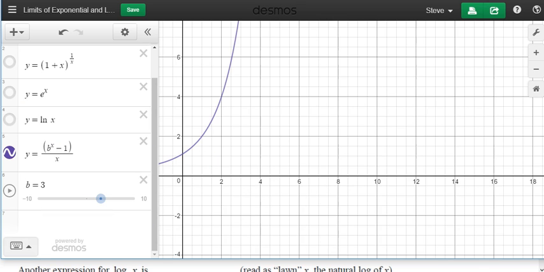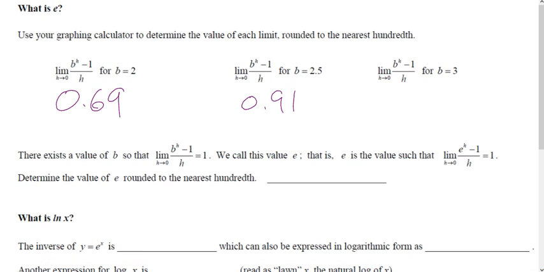And we get a value of a little over 1 there, right? So 1.10, if you were on a calculator, 1.10.